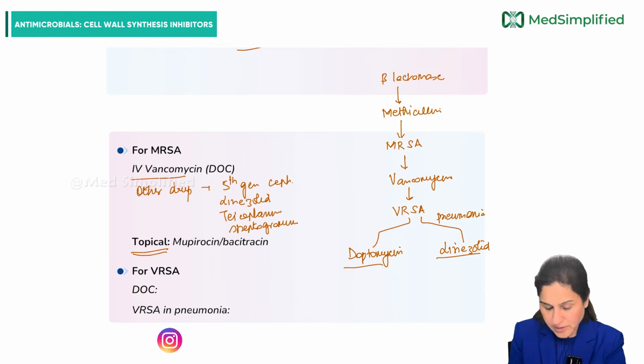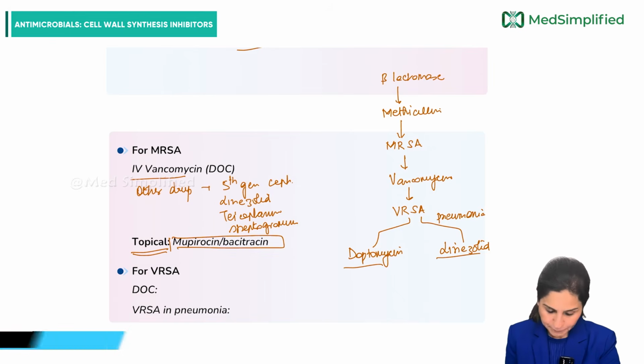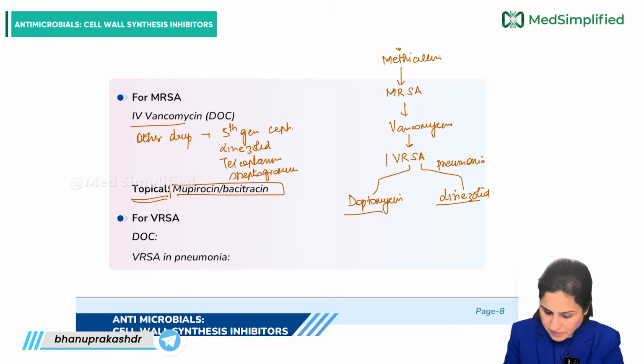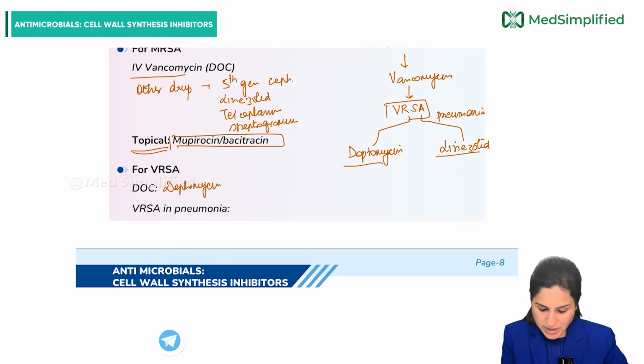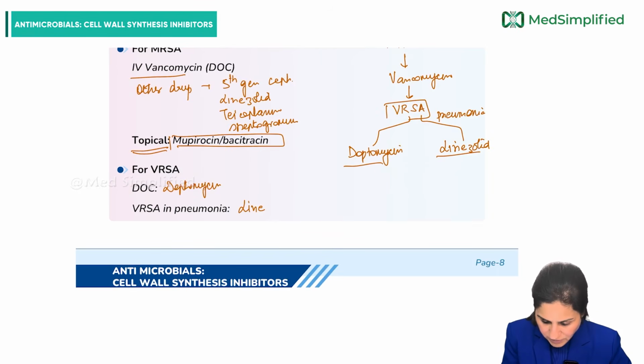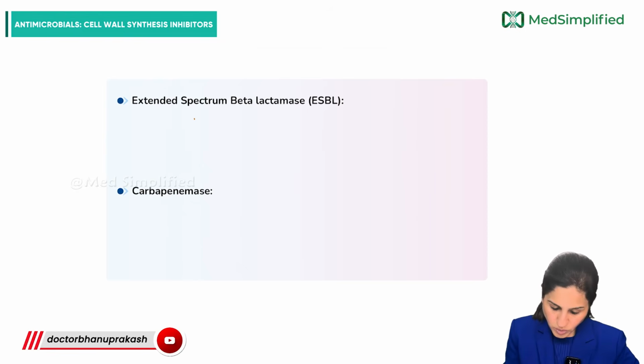Topically, for MRSA, you can give mupirocin or bacitracin. For VRSA, I said the drug of choice is daptomycin. But in case of pneumonia, we can't give daptomycin. So here you will have to give linezolid.